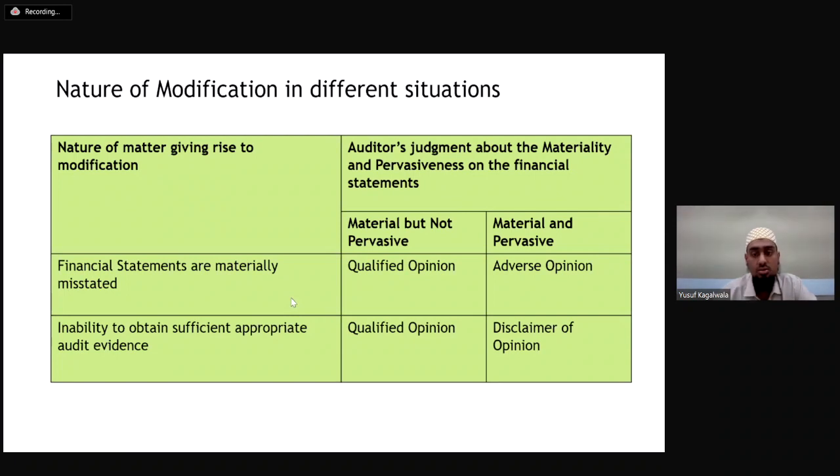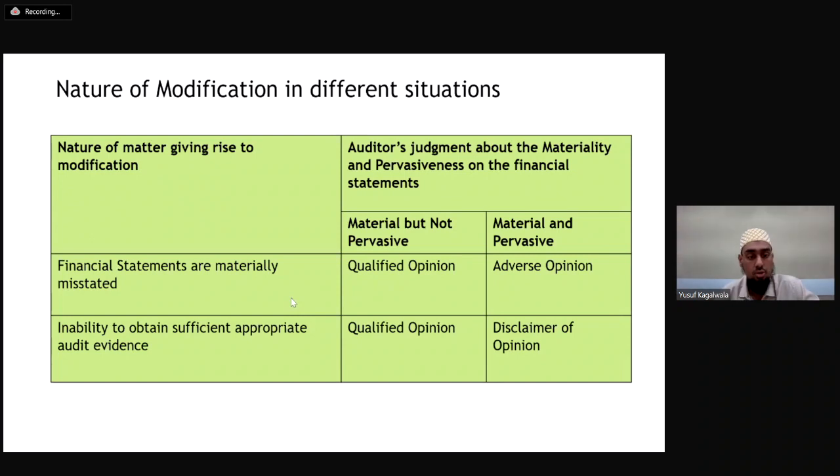So if the financial statements are materially misstated, but the impact is not pervasive, then it is a qualified opinion. But if the impact is material and pervasive, then it is an adverse opinion. In this case, we have obtained sufficient appropriate audit evidence and are able to conclude, based on our audit procedures, that the financial statements are materially misstated. In the other scenario, we are unable to obtain sufficient appropriate audit evidence.